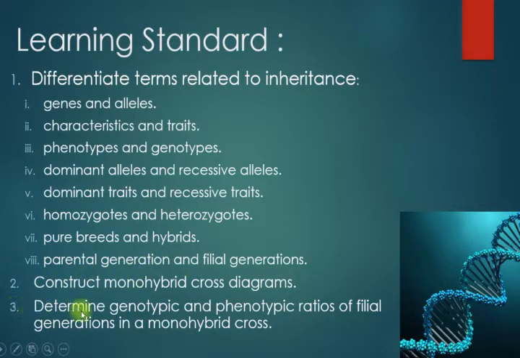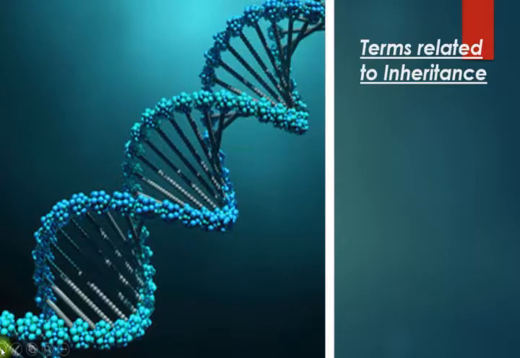Number 3, determine the genotype and phenotype ratios of filial generations in the monohybrid cross. These are the 3 learning standards that you have to cover for today.